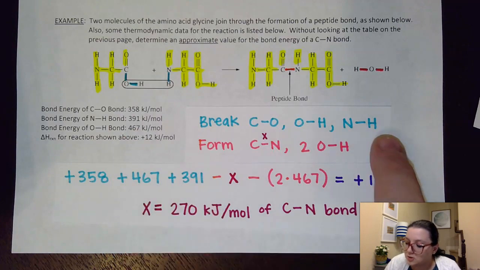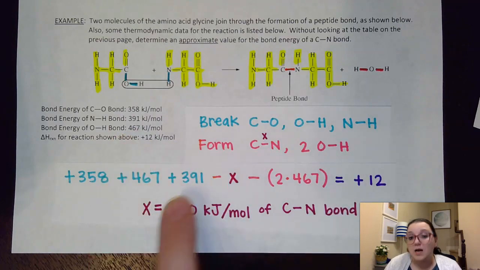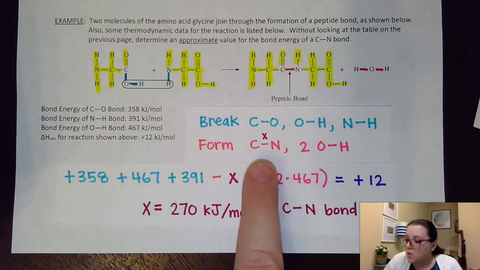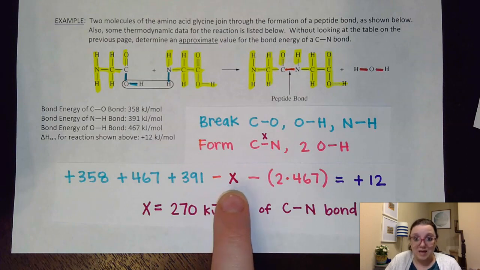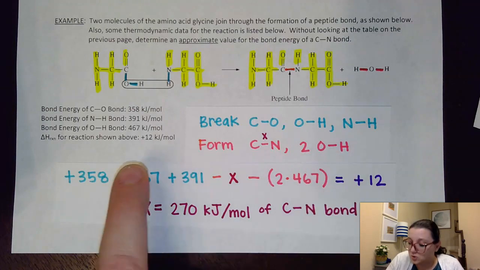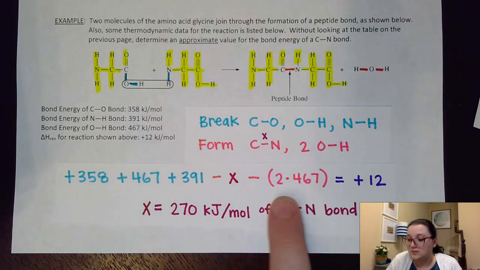To break the nitrogen to hydrogen was 391. But then forming bonds releases energy. Again, freeze to form. So in forming that bond that I don't know, that would be a minus X, whatever that value ends up being. And then here I have 2 of those OHs, and the 2 OHs each would be 467.